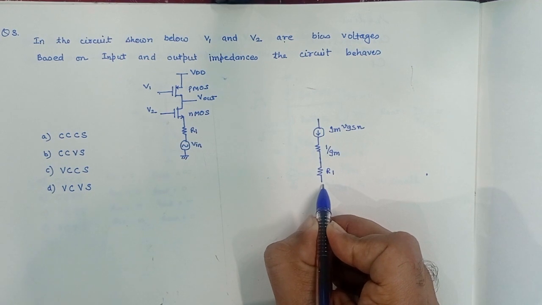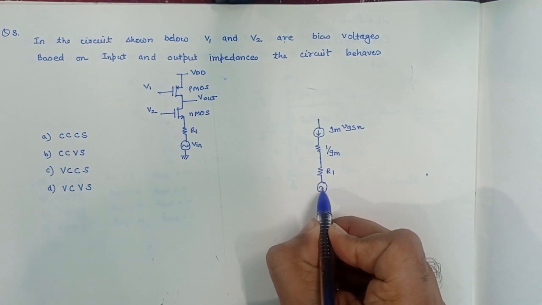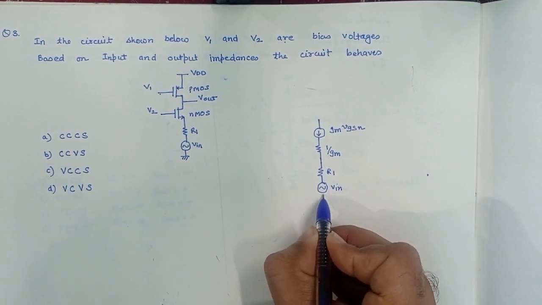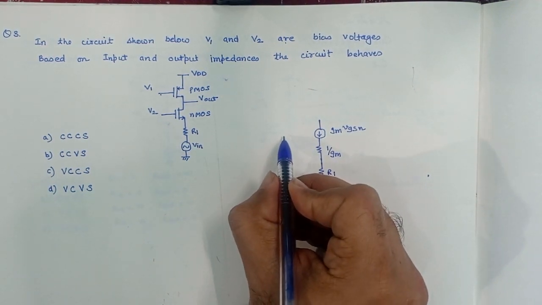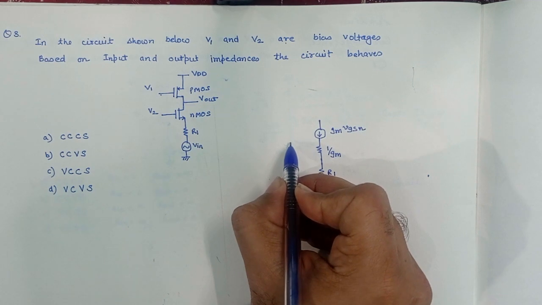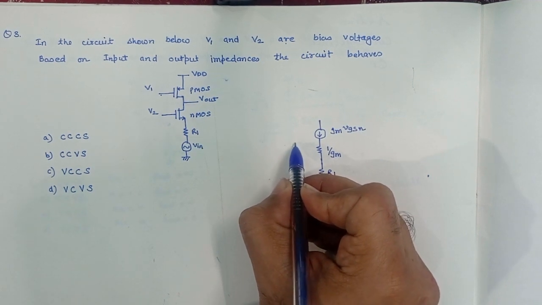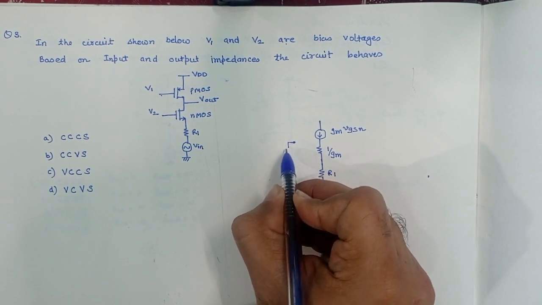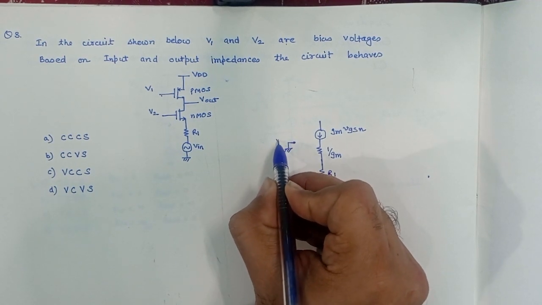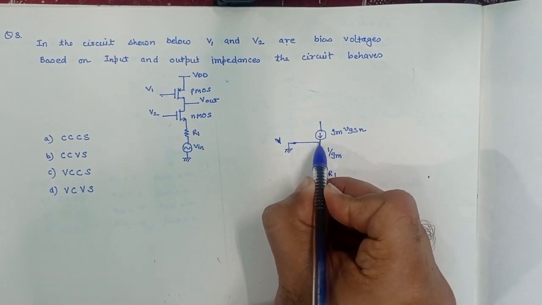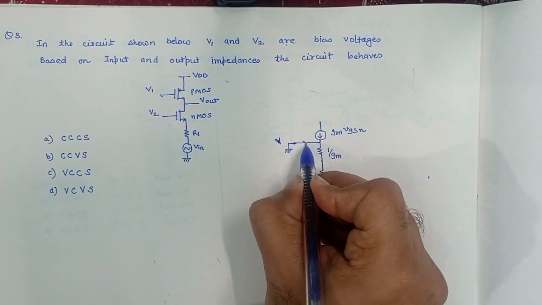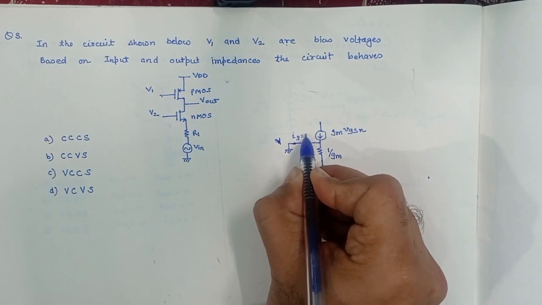This is the internal impedance of the voltage source, and here is the alternating voltage source. In a small signal equivalent, all the DC voltages will be replaced by a short circuit. This is V1, which is replaced by a short circuit. It is connected here, and the current IG will be equal to 0.